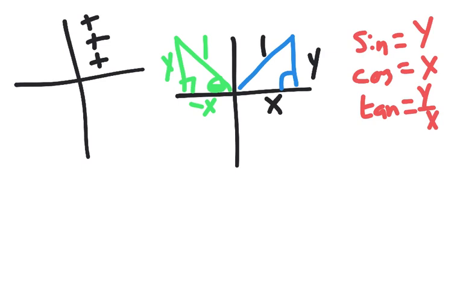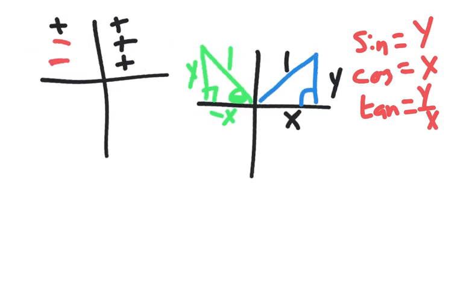Both those numbers are positive, so sine is positive. Cosine of this angle would be adjacent, a negative number, over hypotenuse, which would be negative. So cosine would be negative here. And tangent of this angle would be the opposite, positive, over the adjacent, negative. Positive over negative is negative. So in the second quadrant, the only one of your big three trig functions that's positive is sine.